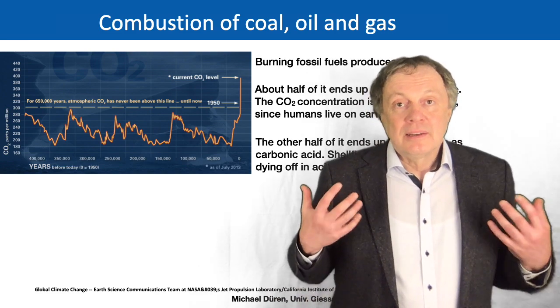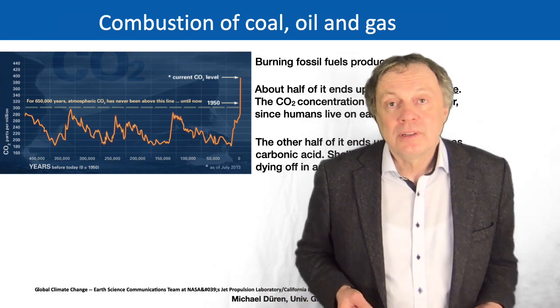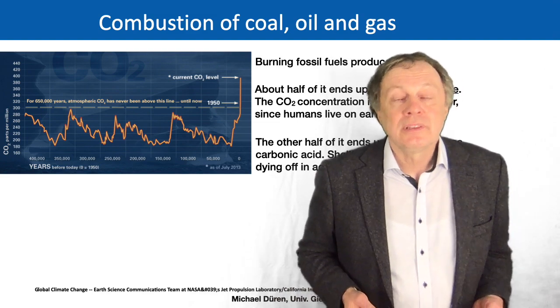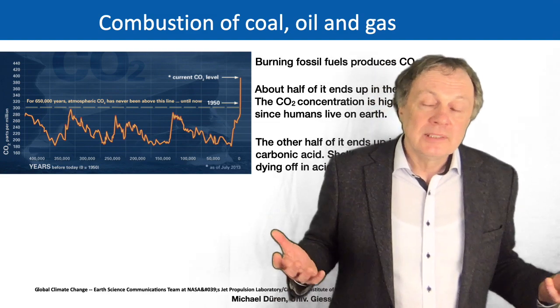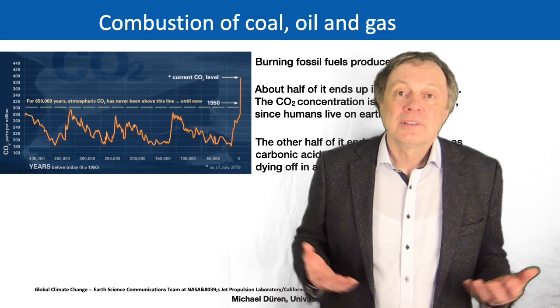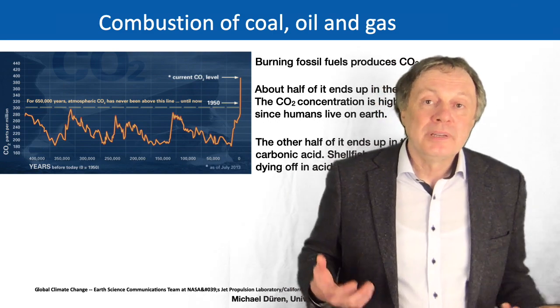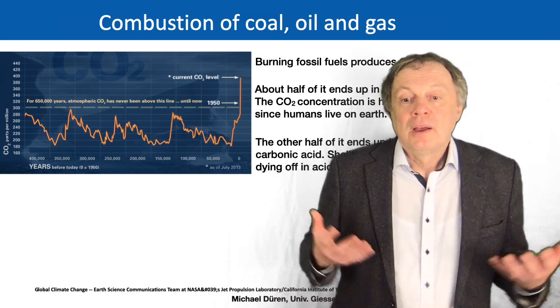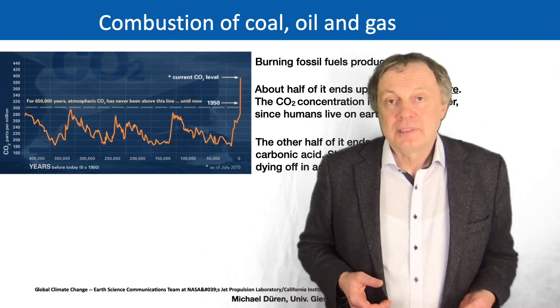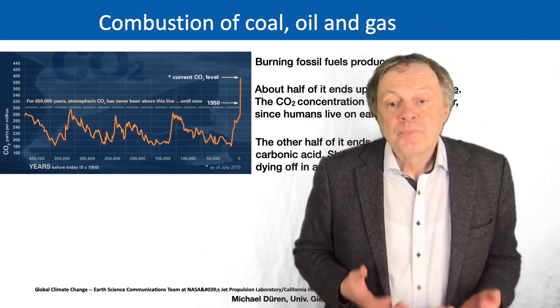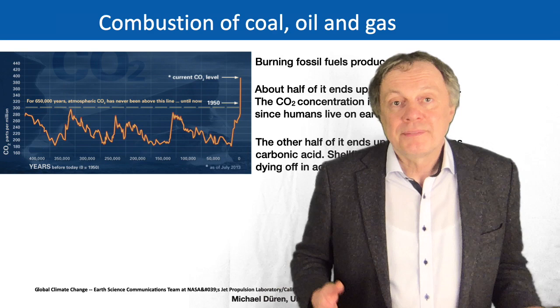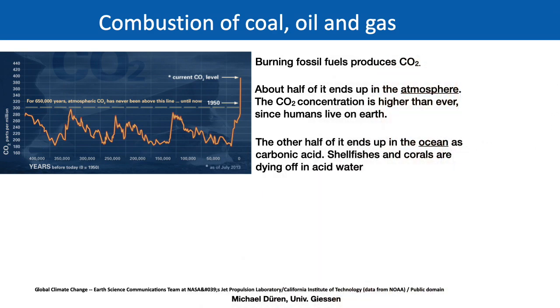So if the pH value is too low, if it's too acid in the ocean, shells cannot live anymore, they get destroyed, they cannot build their shells, and a lot of other animals in marine life as well. So marine life can start dying if the ocean is too acid, and that is what we are just doing to it.